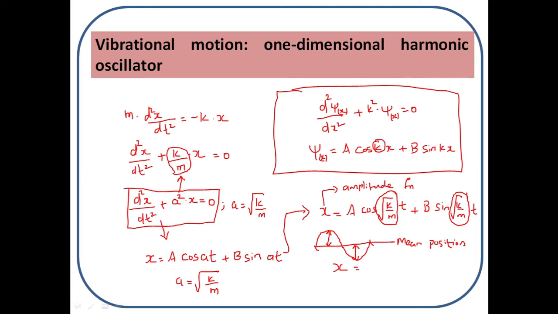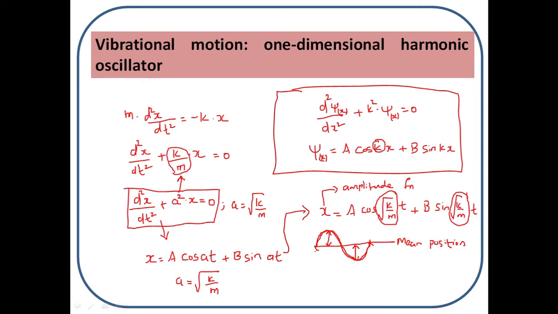So such a periodic motion, this simple harmonic motion, can be compared with a periodic wave function. This is a periodic wave function which repeats after every 2 pi radian cycle.